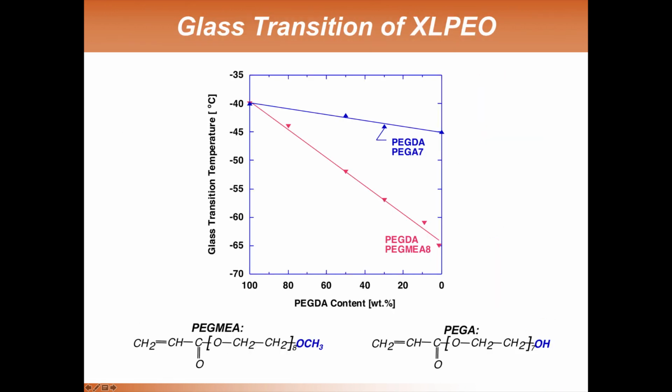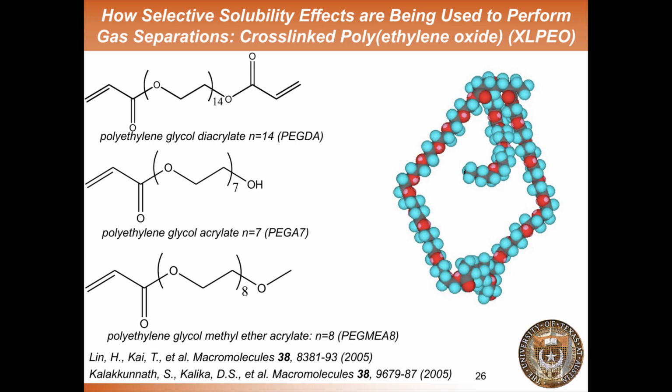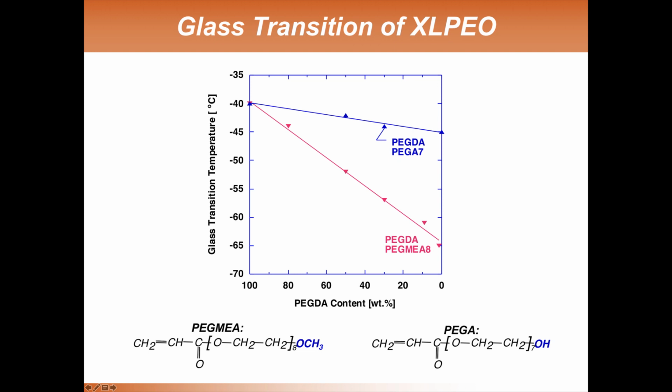It has a glass transition temperature of minus 40 degrees C. If you start to make mixtures of PEG diacrylate with the PEG acrylate, which has the hydroxyl end group, and to get some dangling chains in that network, the glass transition temperature decreases a bit as you put in more and more of the PEG acrylate of this one.